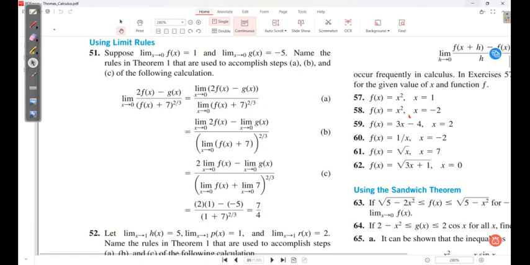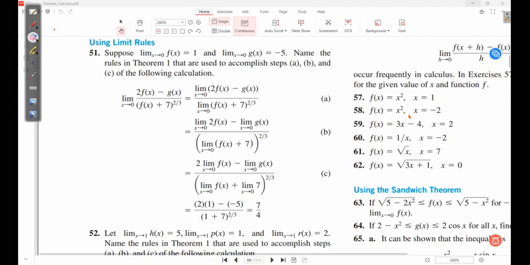So there's this question. I think we'll end with this one. I didn't actually teach you the limit rules, but you've been applying them. Alright? So what does the question say? Suppose the limit as x approaches f of x is 1, that is negative 5.